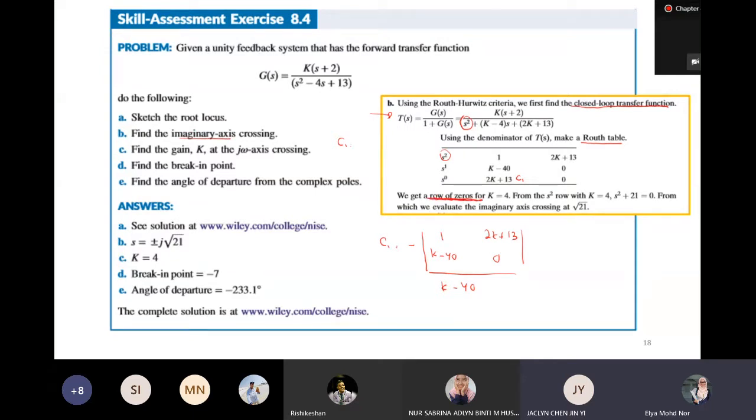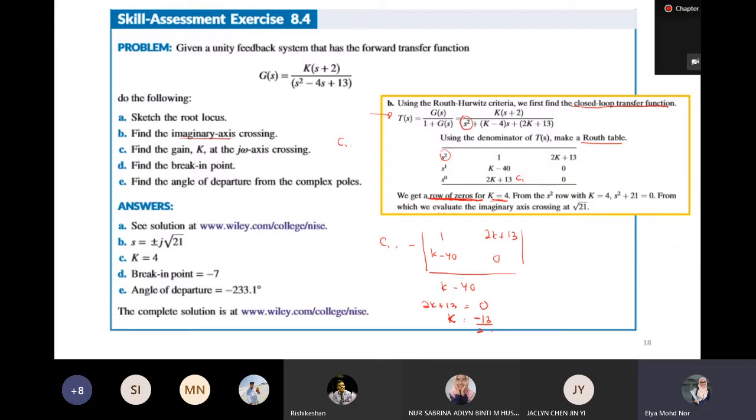The row of zeros in this case is 2k plus 13, C1. When you get 2k plus 13 as the row of zeros, you are able to get your k, right? So 2k plus 13 equals 0. Your k will be, you need to check again, k will be minus 13 over 2.